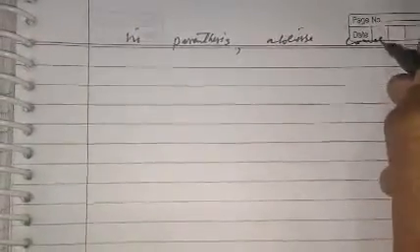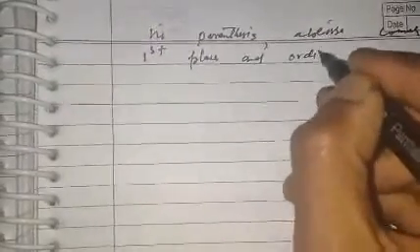Remember, in parentheses the abscissa comes in first place and the ordinate comes in second place.